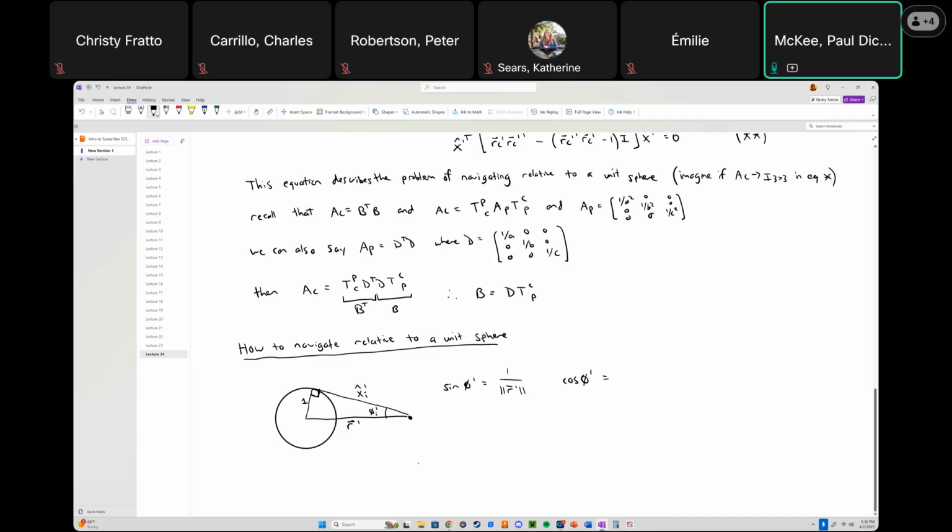What this is going to end up being is x_i prime hat projected onto r prime and divided by both their norms. So this is really just the dot product of these two vectors, x_i prime over the norm of r prime.